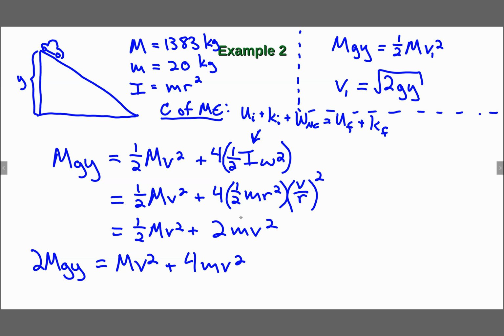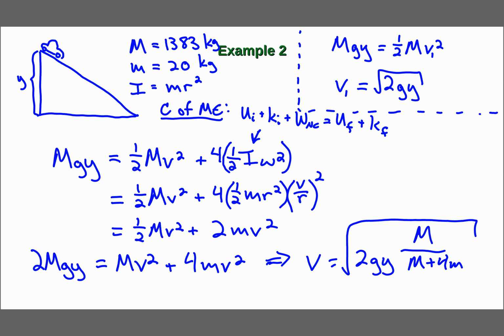And then that tells me that v equals the square root of 2gy from this left side, times big M divided by big M plus 4 little m, and that's all in a root.